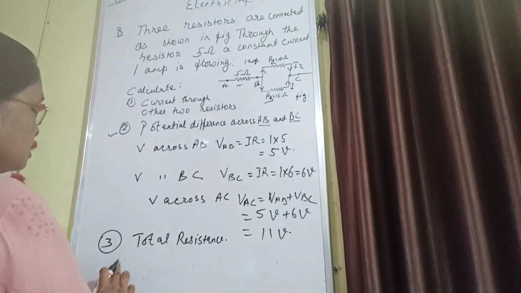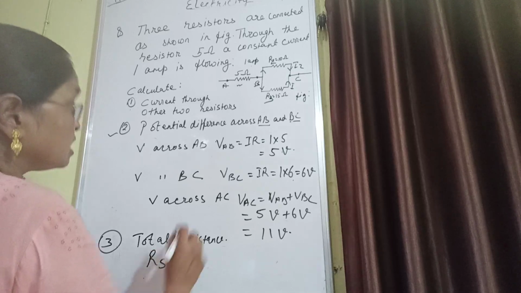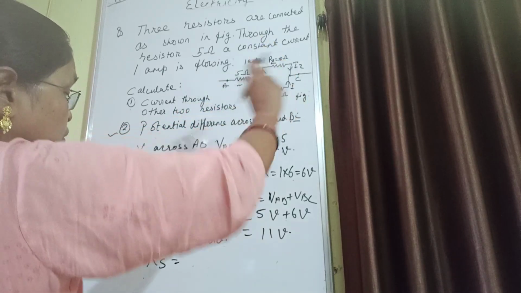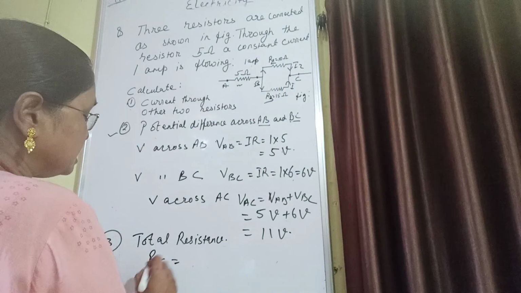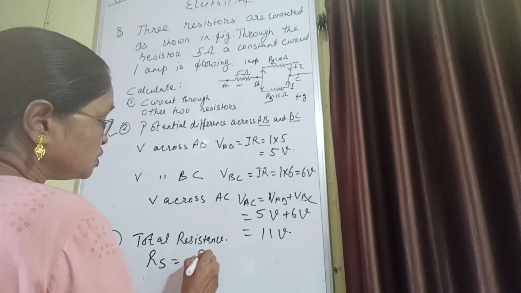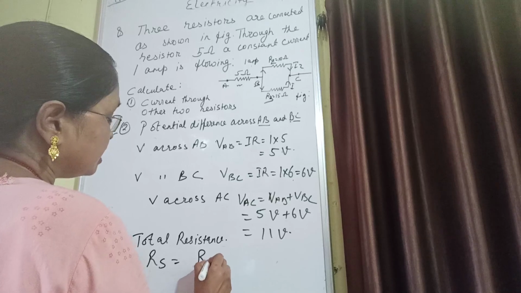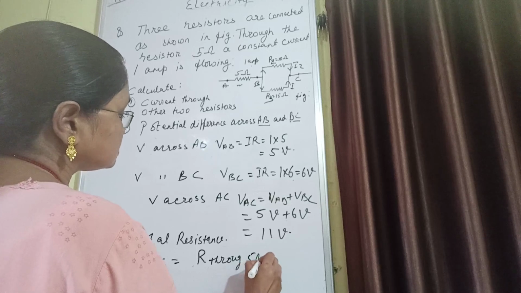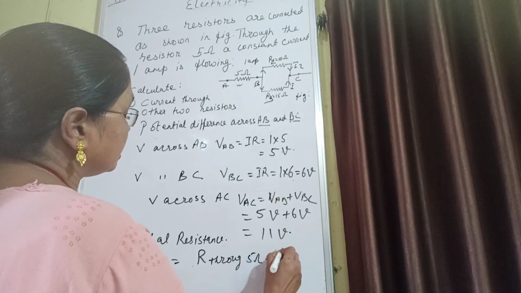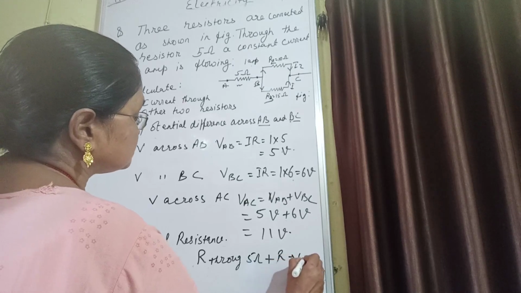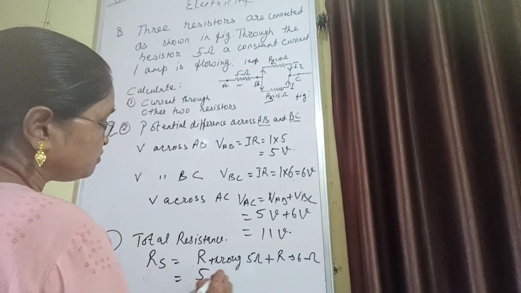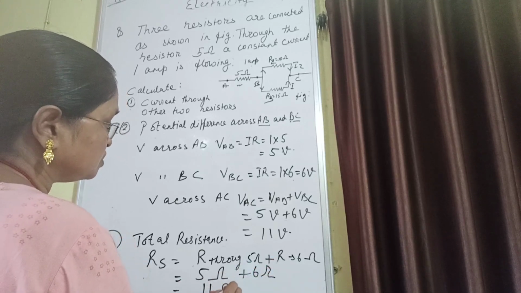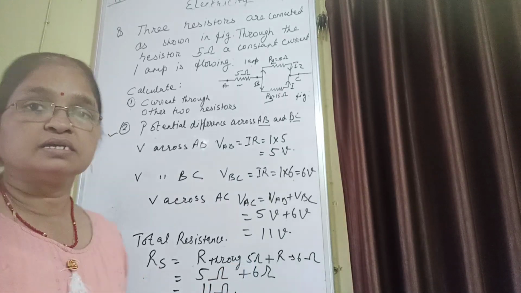So for the total resistance we take them in series, because these two are replaced by one equivalent resistance of 6 ohm. So both are connected in series. R series is 5 ohm plus the equivalent resistance, 6 ohm. So directly, 5 ohm plus 6 ohm is equal to 11 ohm. So we have got the equivalent resistance.